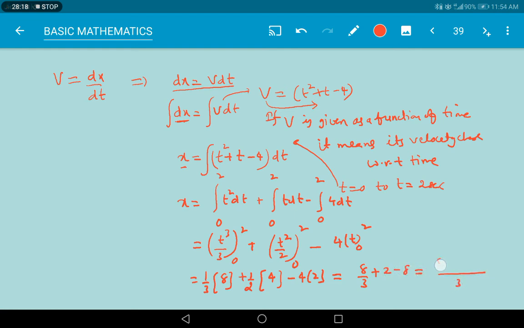So 8 plus 6 minus 24 over 3. What are we getting? Minus 10 by 3. So the minus sign is present. The object is moving forward, and finally it is retracing its path and covering an additional 10 by 3 meters of distance. So in this way we can use integration in physics.